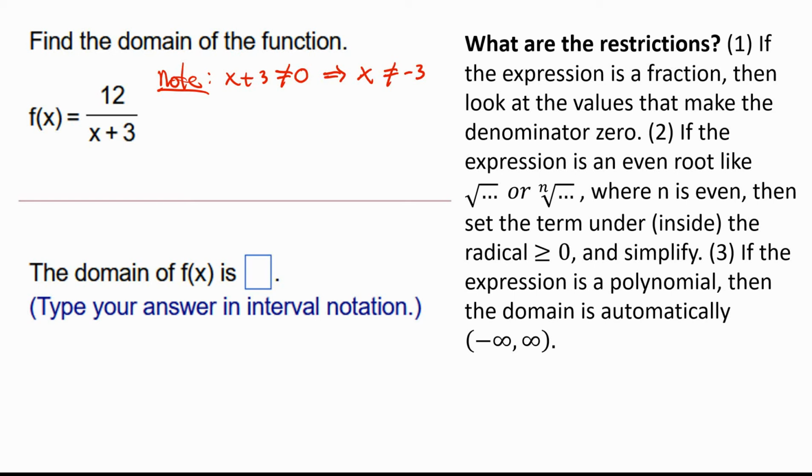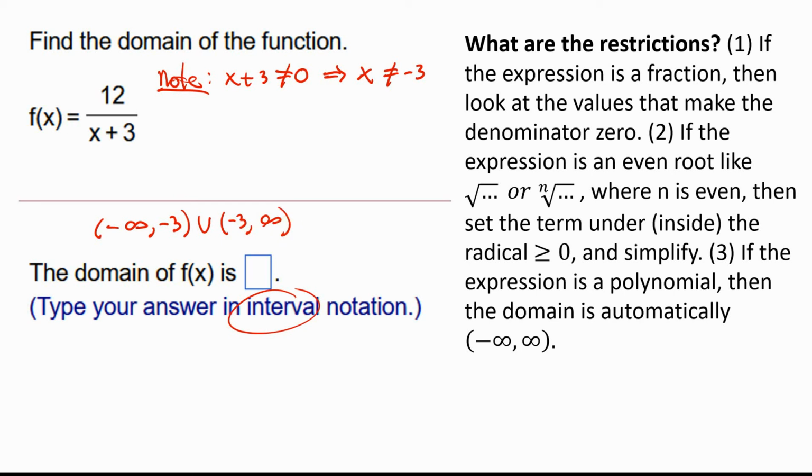That's our domain. If we look at the number line and write this in interval notation, that means we're going from negative infinity, comma, to negative 3. We put a parenthesis because the parenthesis says do not include that number. It's everything up to that number. Union, parenthesis, negative 3 to positive infinity.